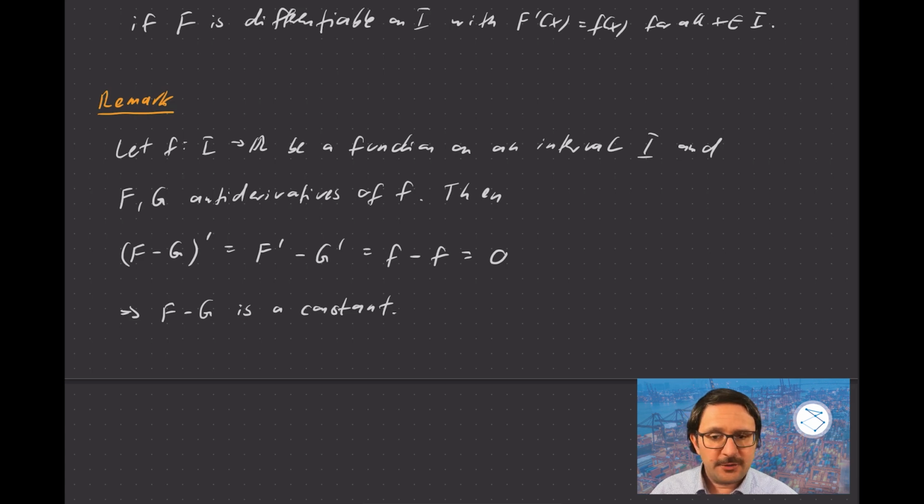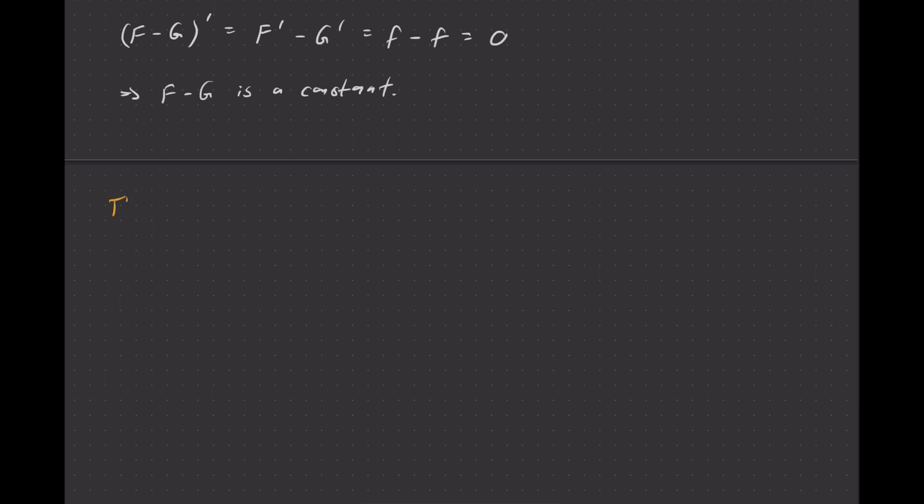And how do we use antiderivatives to compute integrals? And that is now the second part of the fundamental theorem of calculus. That's our next theorem here. It again has the same introduction as for the first part. Let I be an interval and let small f be a continuous function on that interval.